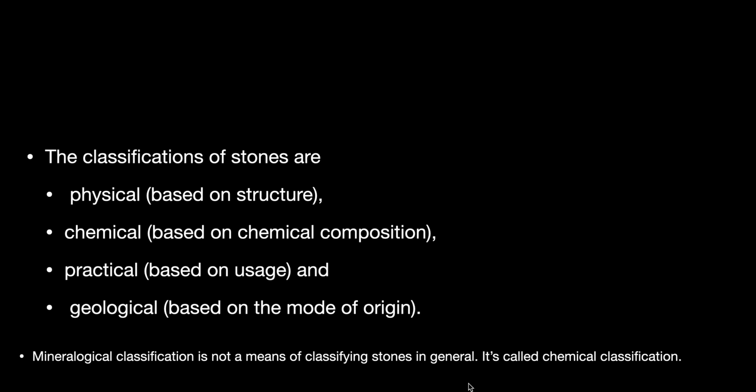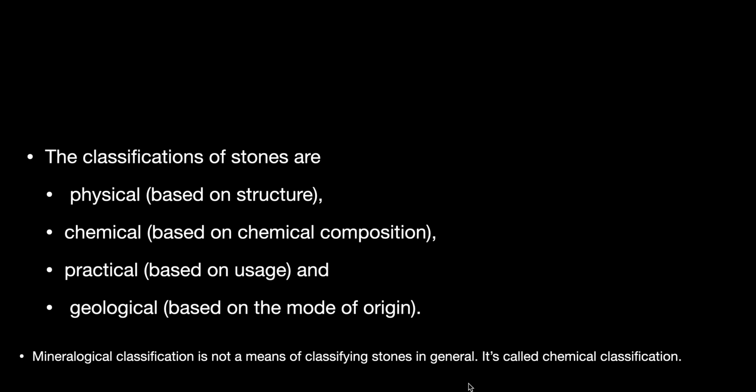We may assume that it might be a classification, but it is chemical classification that is based on chemical composition. We might be misled into thinking mineralogical classification is based on chemical composition. There might be a chance, but the answer is that chemical classification is based on chemical composition.